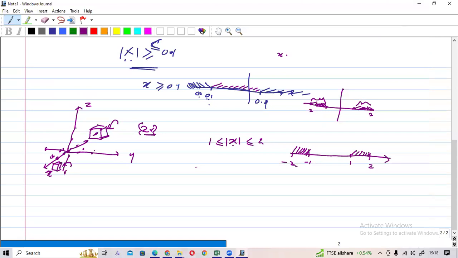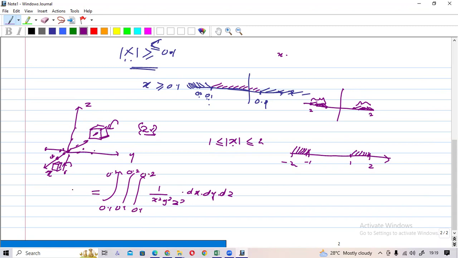So you need to distribute 1 over x square, y square, z square with respect to dx, dy, dz. You need to integrate it with respect to dx, dy, dz. And x is from 0.1 to 0.2, y is from 0.1 to 0.2, z is from 0.1 to 0.2.